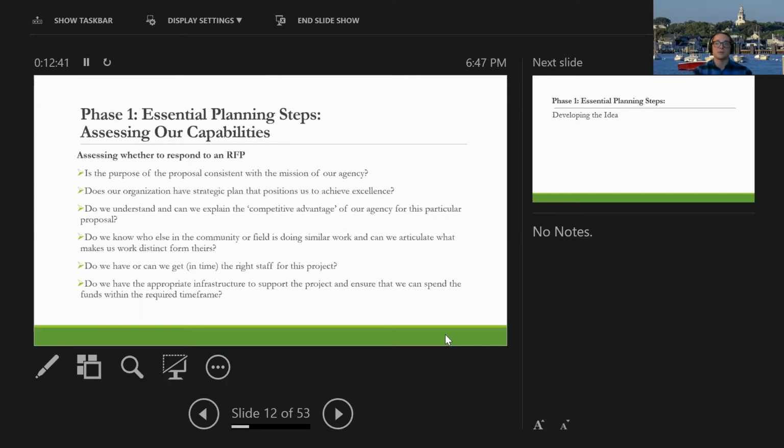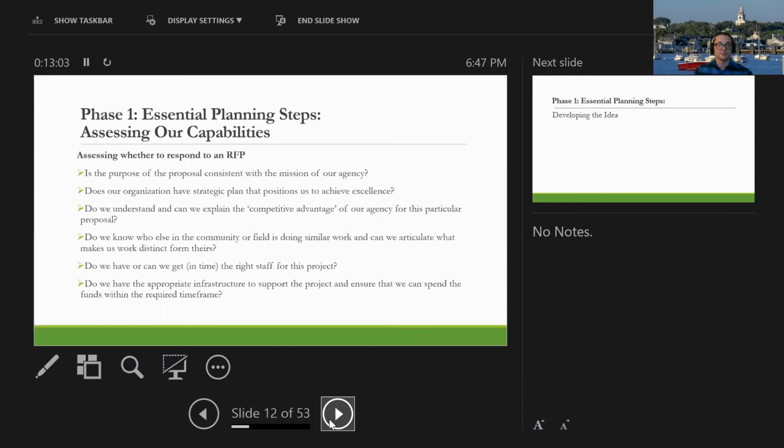That can be just as bad or worse than spending the funds too quickly or inappropriately. You can be red flagged for that as well. The funder does not like to get their money back. So you really need to be due diligent, and when you're developing that budget, realistic in what your capacity and capabilities are.